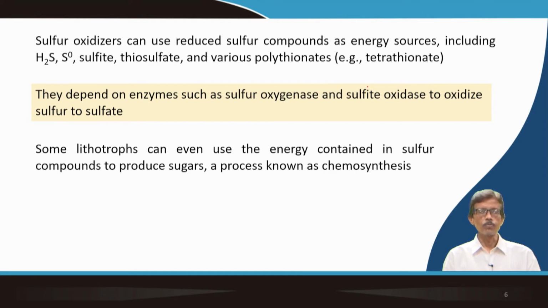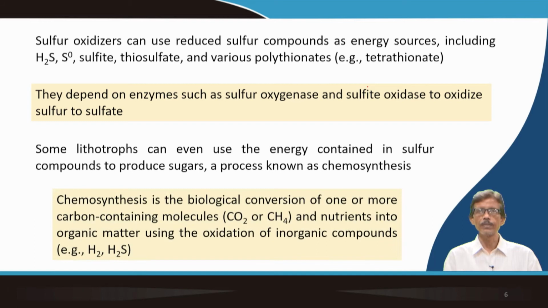Similarly, some lithotrophs can even use the energy, because you must have not only the chemical reaction, but we all know the free energy change, which is easily accessible energy for the transformation or for the making of new molecules. So, we will be making new sulfur compounds which can ultimately produce sugars, a process known as chemosynthesis. Okay. So, try to know by definition what chemosynthesis is. We will be producing new compounds through some synthetic process, but it is a living synthesis.